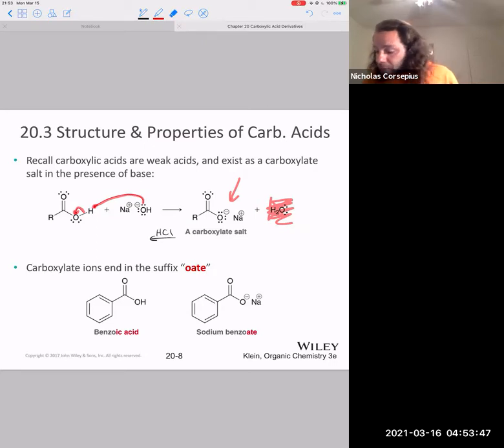In terms of naming them, for a carboxylate salt, you replace the ic acid portion with oate. Okay, so benzoate. Propanoate would be, I guess we need 3 carbons. Sodium propanoate, okay?